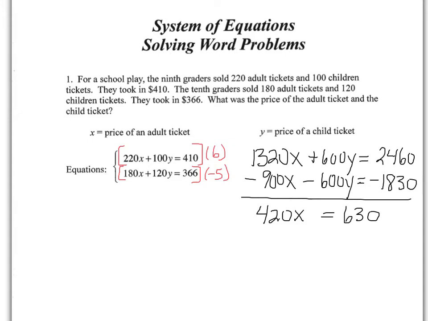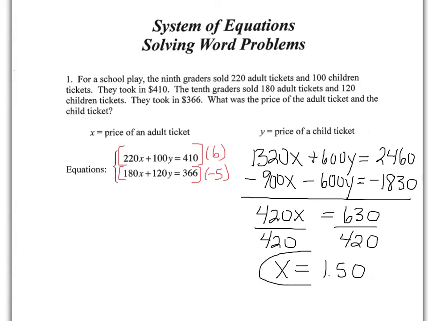This is a one-step equation that I need to solve. I need to divide both sides by 420. And if I divide both sides by 420, I would end up with 1.5, which, since we're dealing with money, we might as well think of that as $1.50.